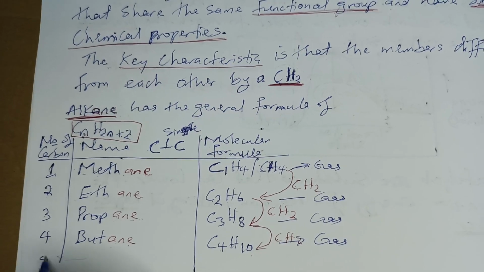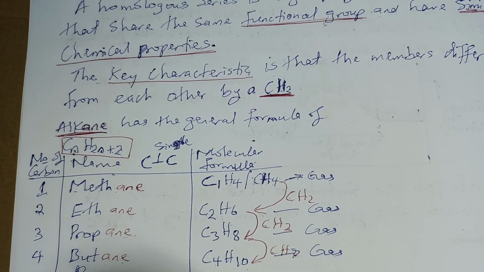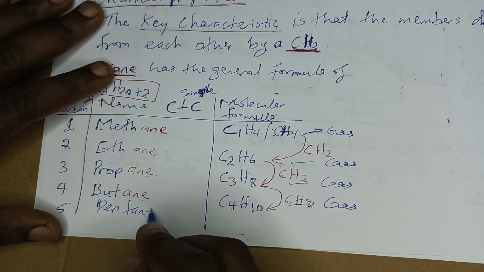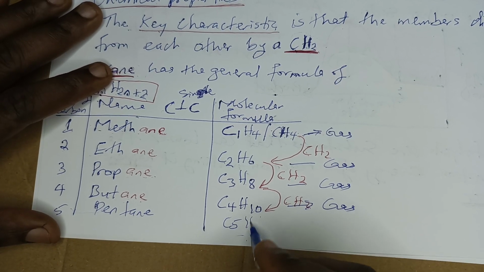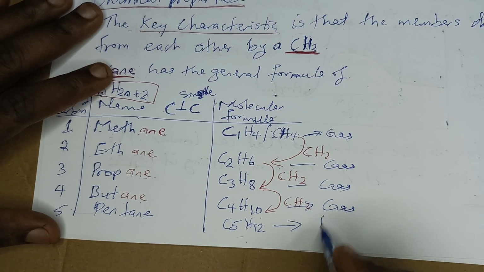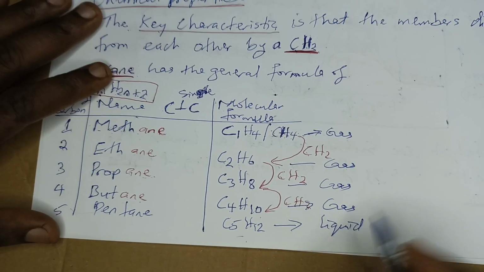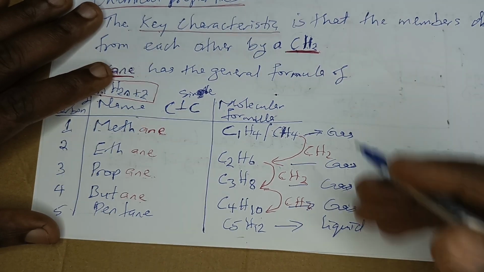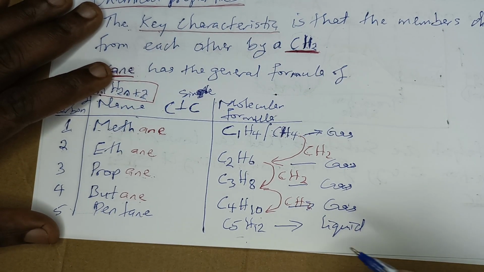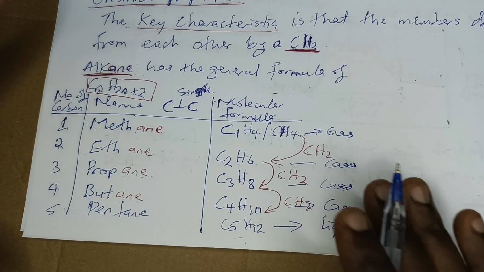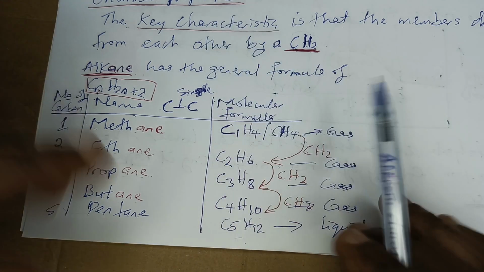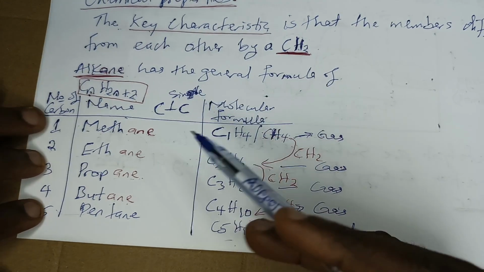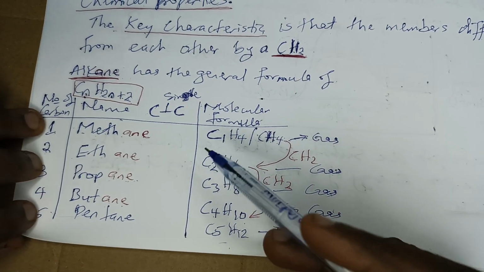The next one, pentane, which is C5H12, happens to be a liquid. You can see that it's changing gradually: gas, gas, gas, gas, and liquid. As it goes on, later it will change to solid, but it's a gradual process. So the chemical properties are not strictly the same, but are very similar. It goes on and on like that.